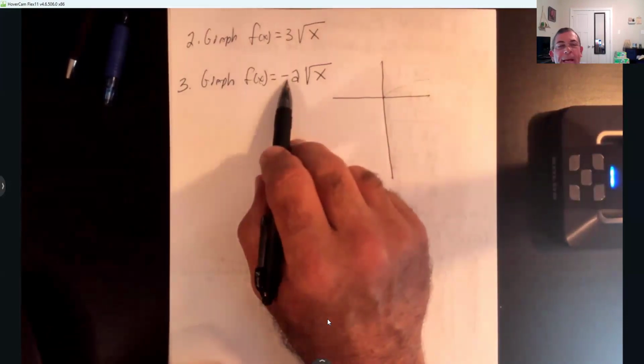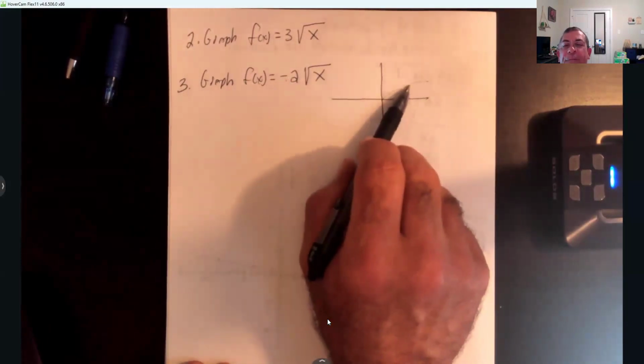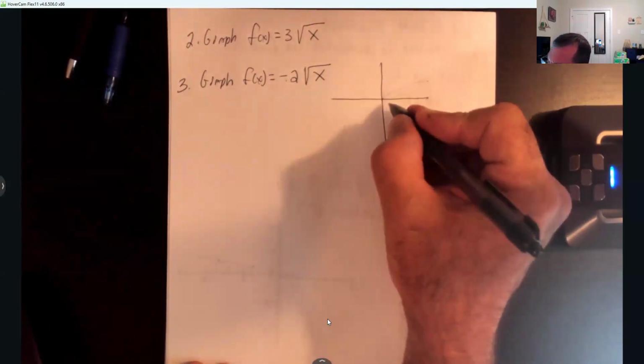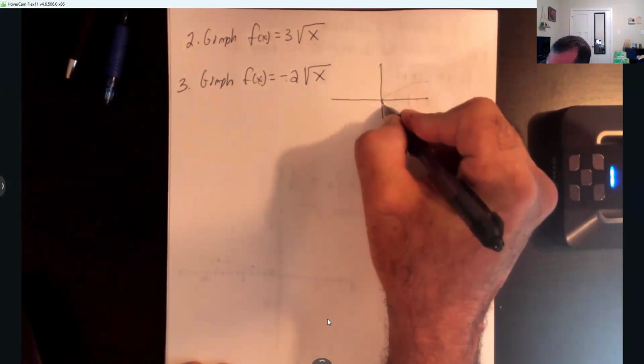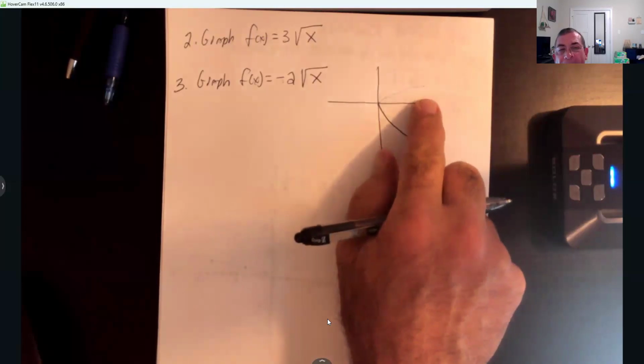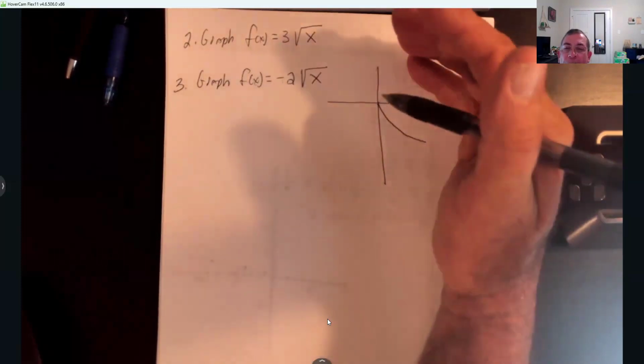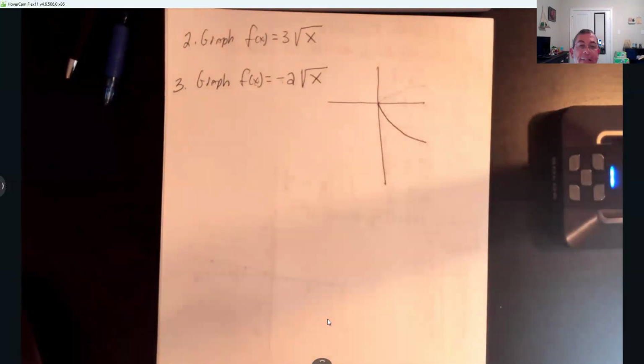Well, what's that negative going to do to my graph? That negative is going to reflect our graph over the x-axis so that it's actually going to be down below the x-axis. Remember, when we did the transformations, a negative in front of our function reflected it over that x-axis.